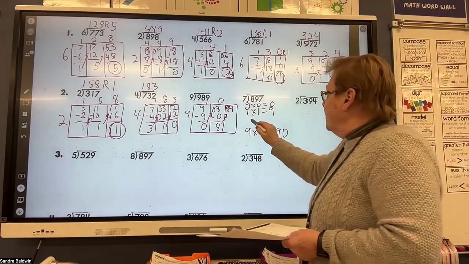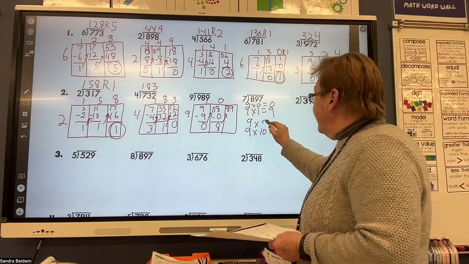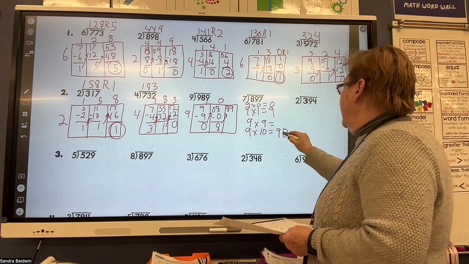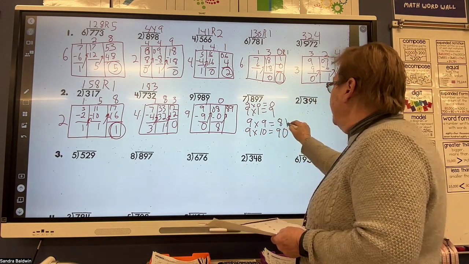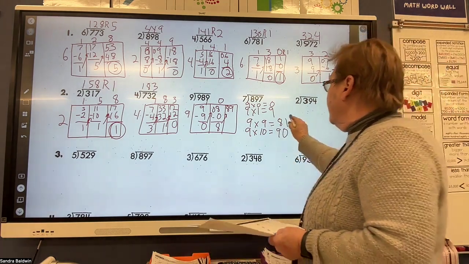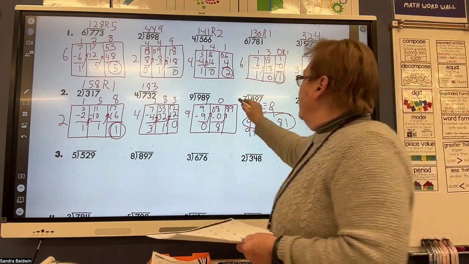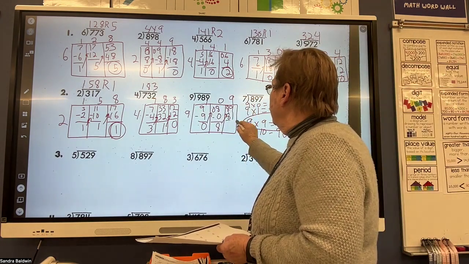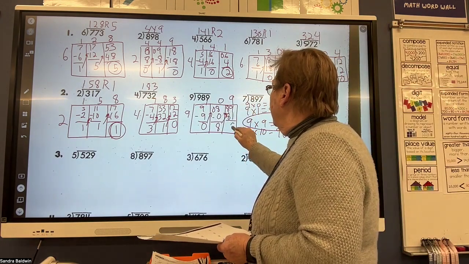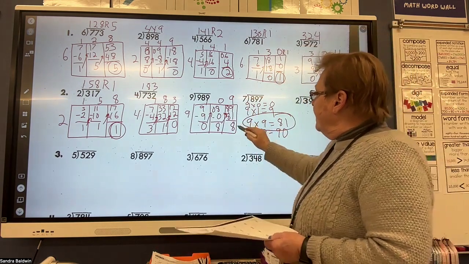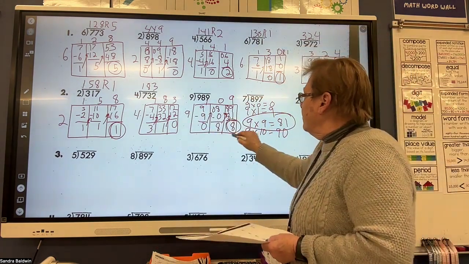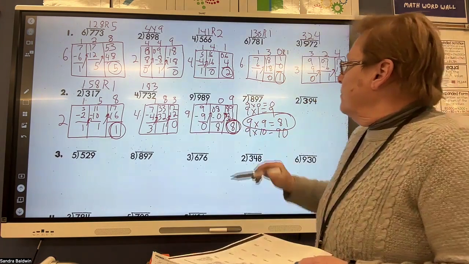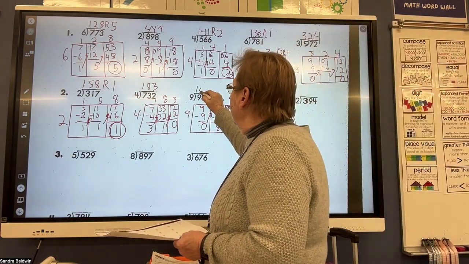So I know I'm going to be using 9 times 9. And 90 minus 9 is 81. So that is the fact I'm going to use. 9 times 9 equals 81. If I subtract that, I'll be left with 8. 8 is less than 9. That becomes a remainder. So my answer is 109, remainder 8.